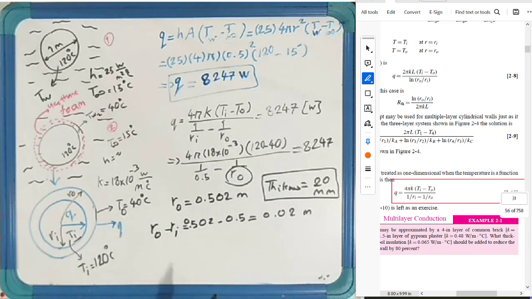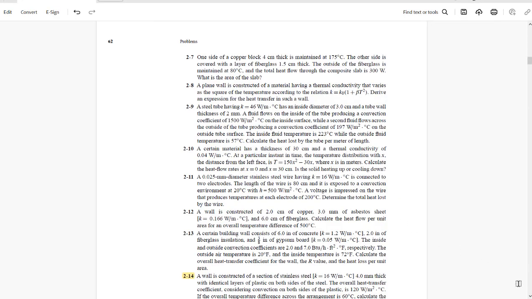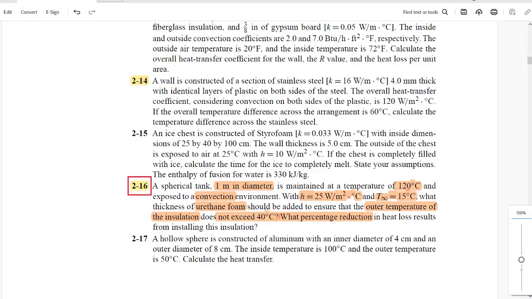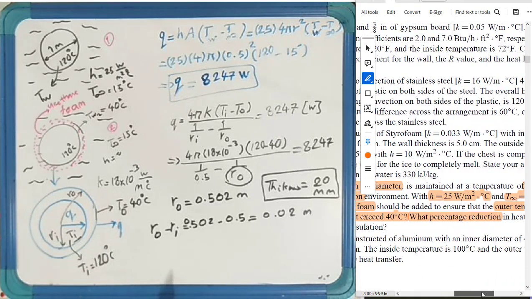The second part of the question: let me go back to the PDF. What percentage reduction in heat loss results from insulating? Let us calculate it.